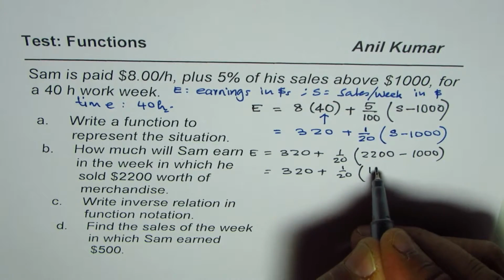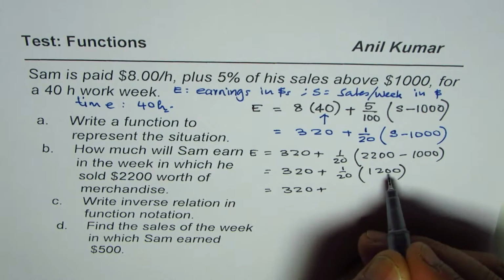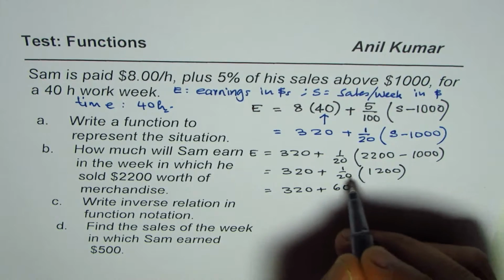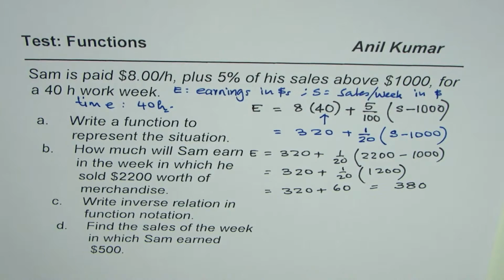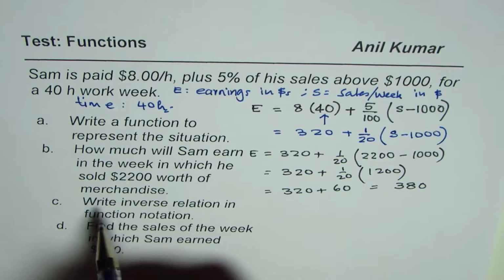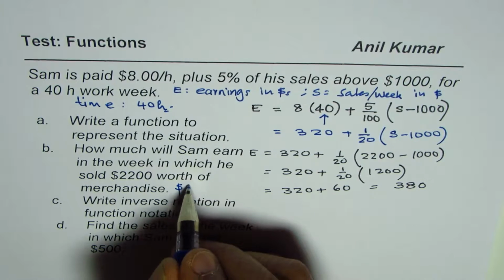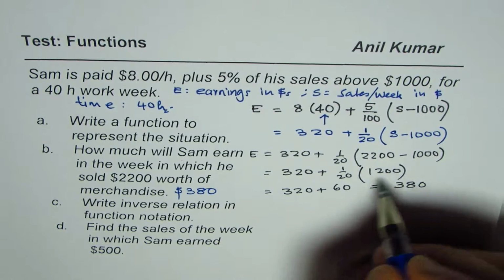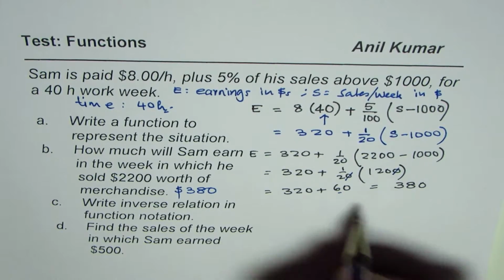That is 1,200, and when you divide by 20, the 0 and 0 cancel, and you get 60. 120 divided by 2 is 60. So you get 320 plus 60, which is 380.